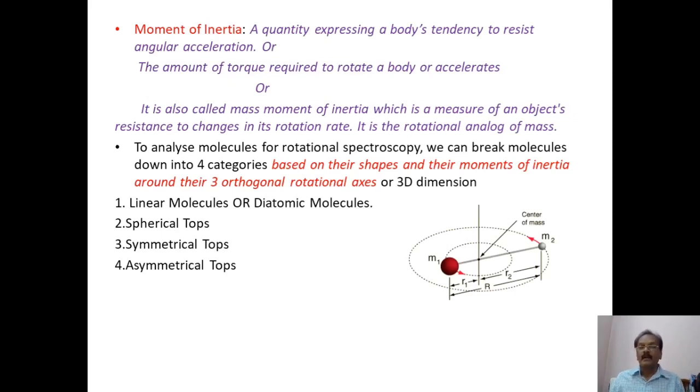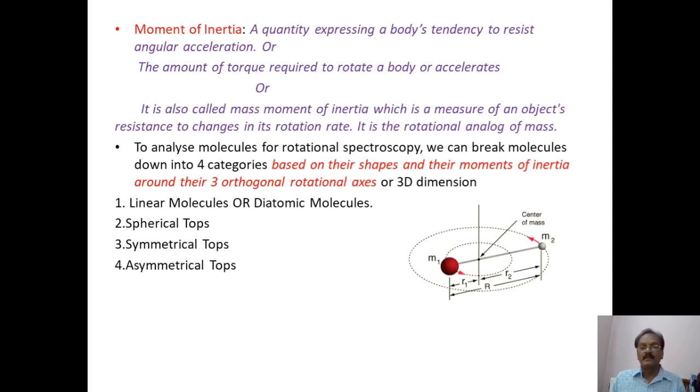Now when you go for the study of the molecule in 3 dimensions, the molecule has a different moment of inertia in a different axis. So based on the shape of the molecule and its moment of inertia around the 3 orthogonal rotational axes, molecules are broadly classified into 4 types: linear molecules or diatomic molecules, spherical tops, symmetrical tops and asymmetrical tops.